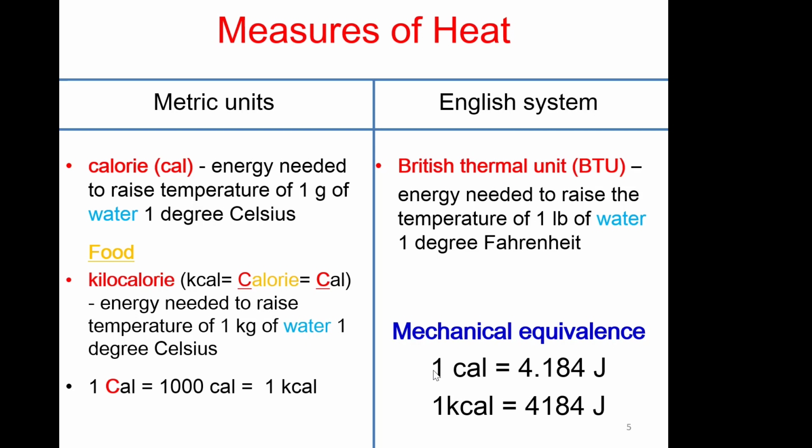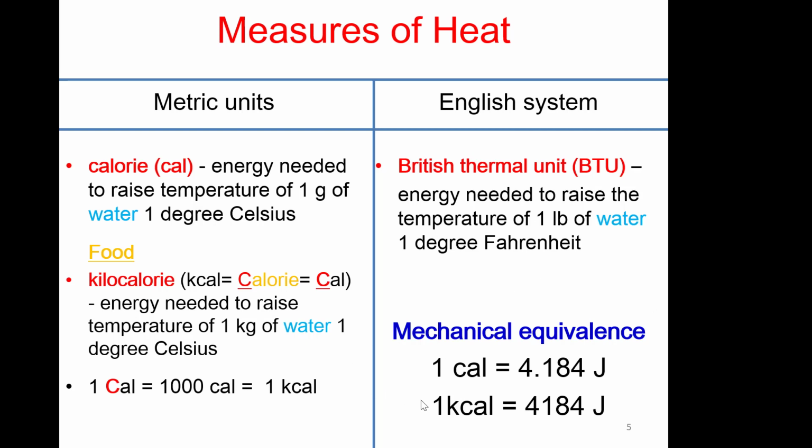We can see heat is energy. Usually the units for heat we are given are in calories, but because it's energy, we can also express it in joules. There is a conversion factor we can use for that.